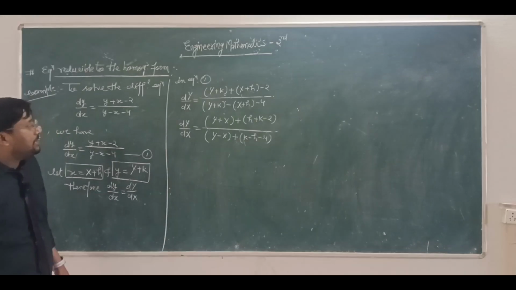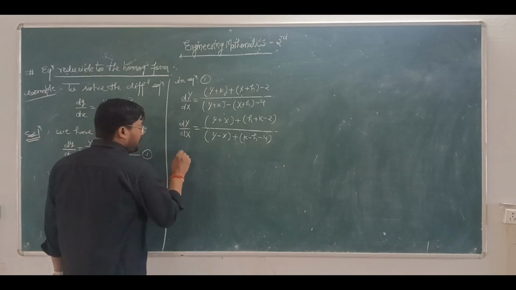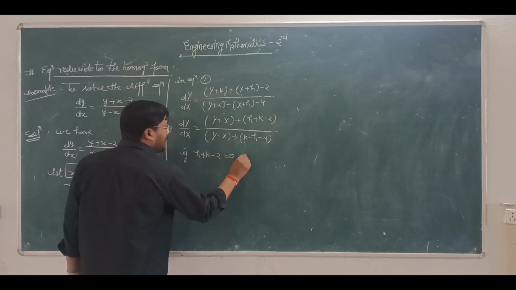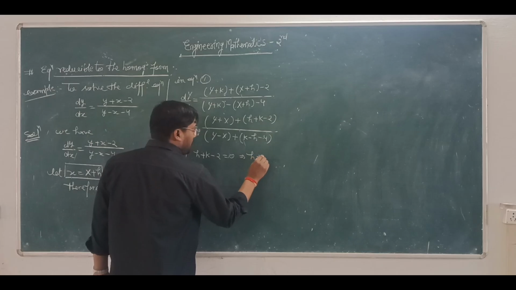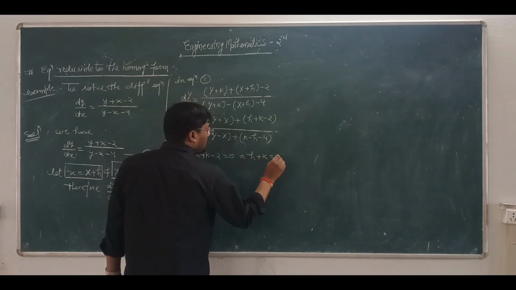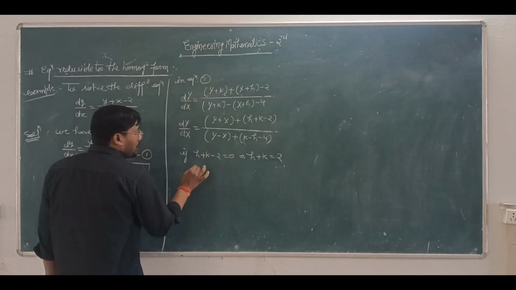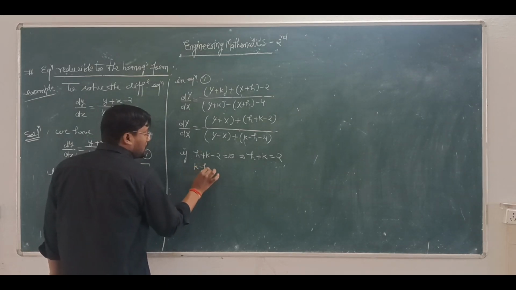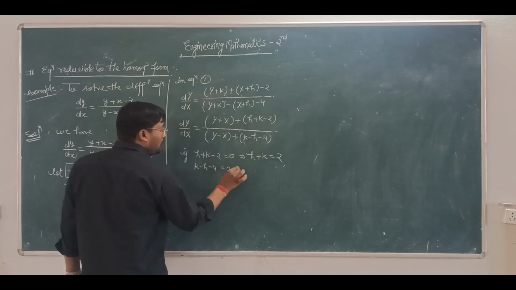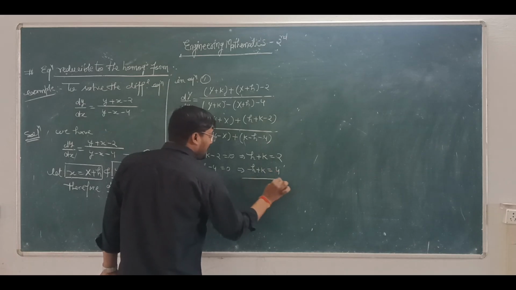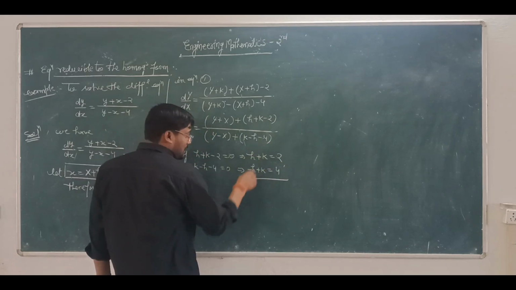You can reduce this form of differential equation if h plus k minus 2 is equal to 0, or you can write h plus k is equal to 2, and k minus h minus 4 is equal to 0, or you can write minus h plus k is equal to 4. Then you can solve this differential equation.